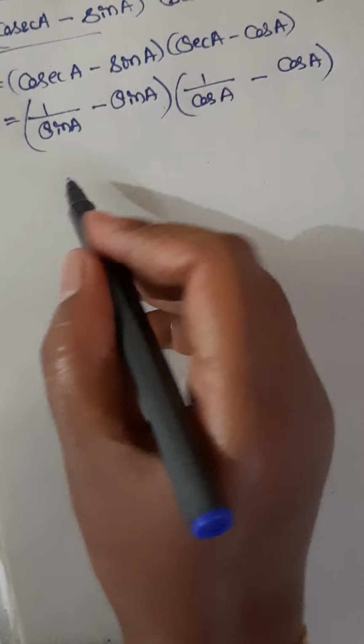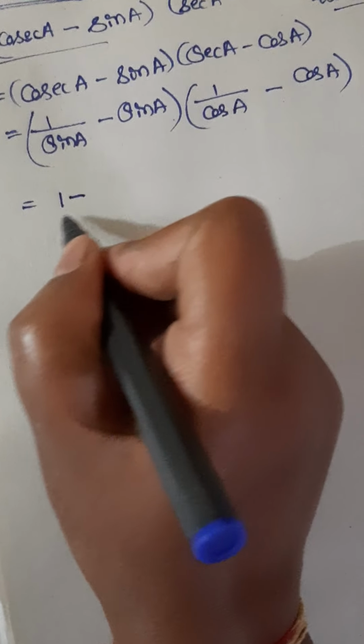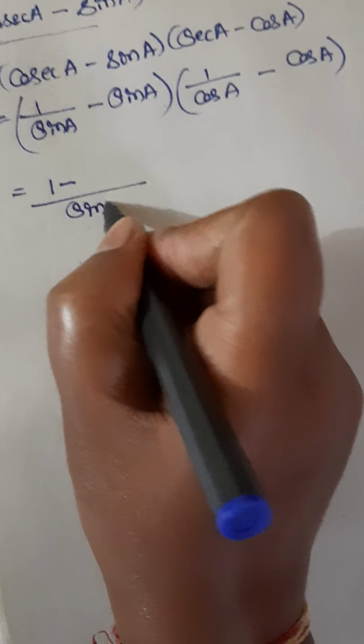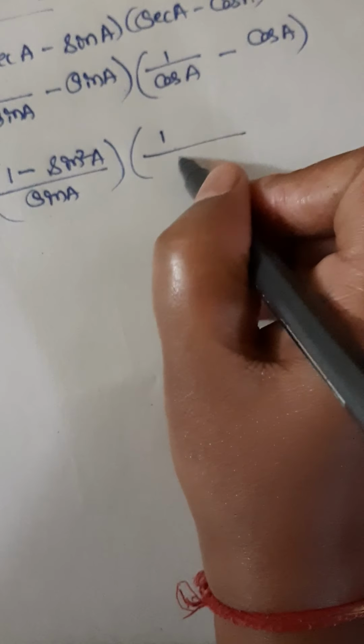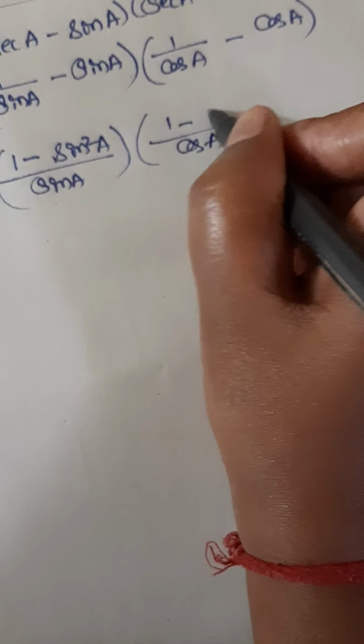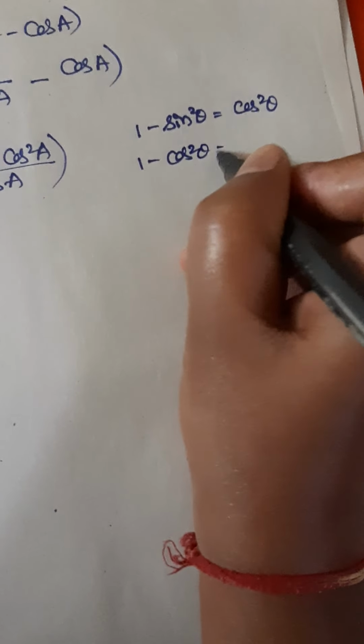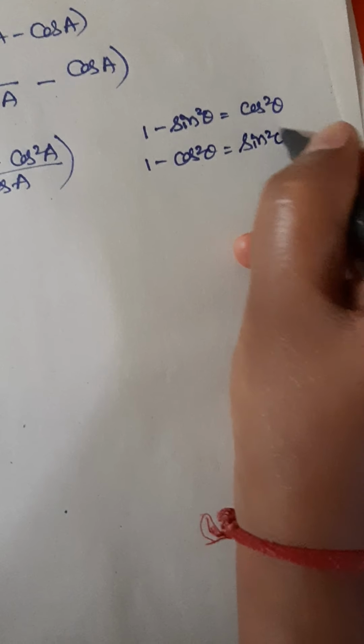Okay, now let's take the LCM. Here sin A will be the LCM, so 1 minus sin square A over sin A. Here cos A will be the LCM, so 1 minus cos square A over cos A. Now from these two formulas, the first identity is 1 minus sin square theta is equal to cos square theta, and 1 minus cos square theta is equal to sin square theta.